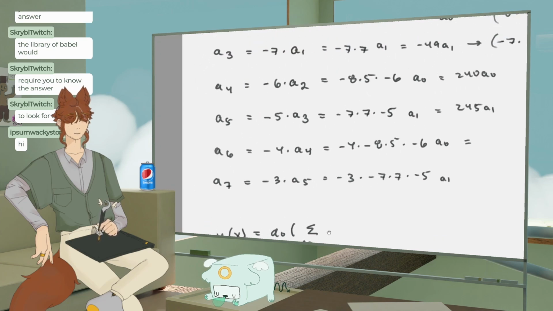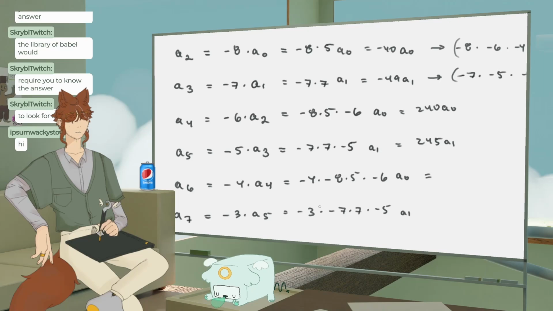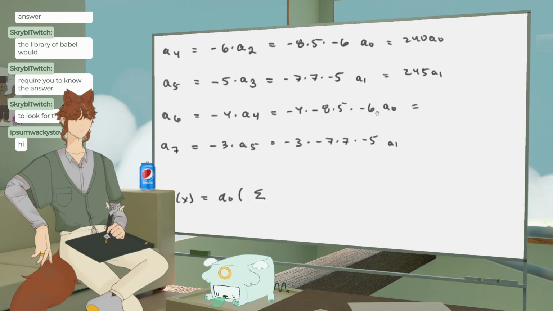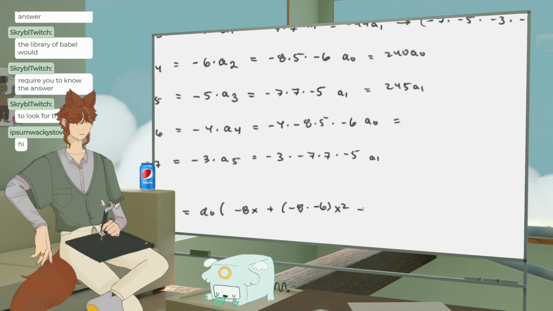N greater than or equal to 2? Well, what do we say? We could say 2n, but factorials don't really do that well with negative numbers. I guess it'd be negative 8x plus negative 8 times negative 6 x squared plus negative 4 times negative 8 cubed.